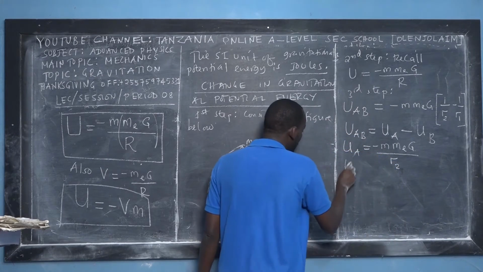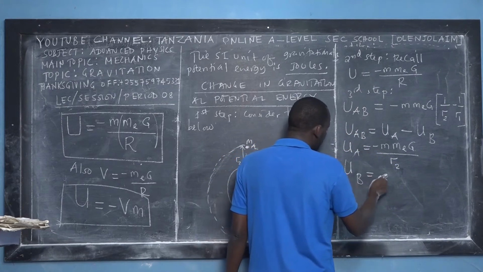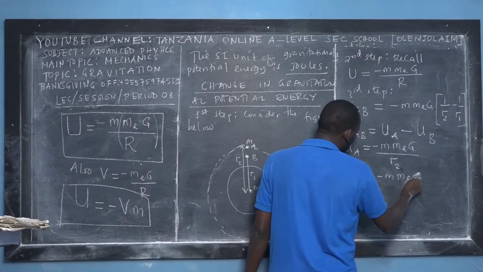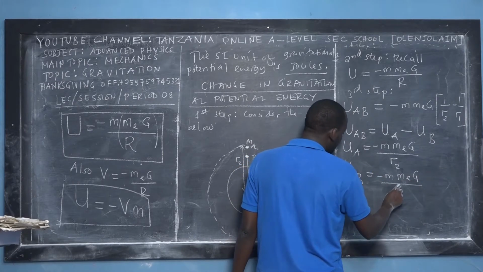And the gravitational potential at point B is equal to negative mass of the body, mass of the S, gravitational constant over radius 1.